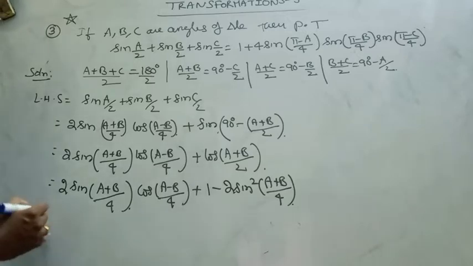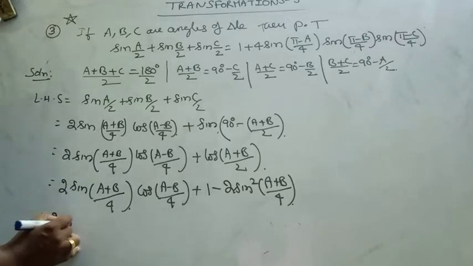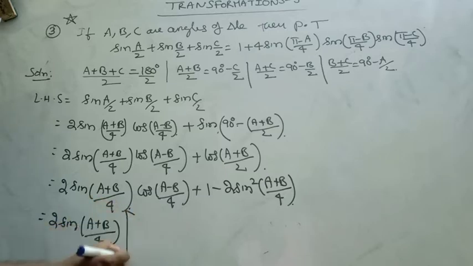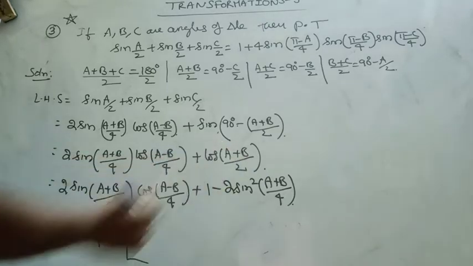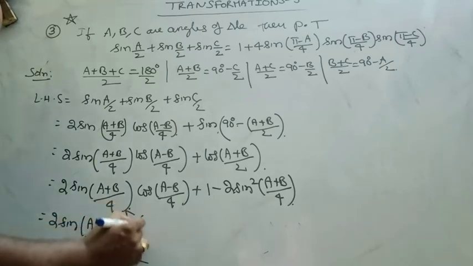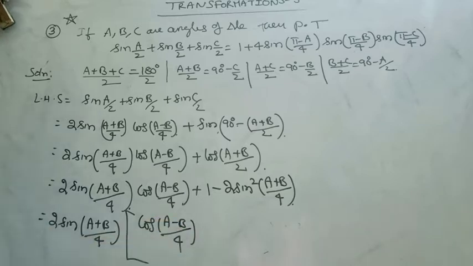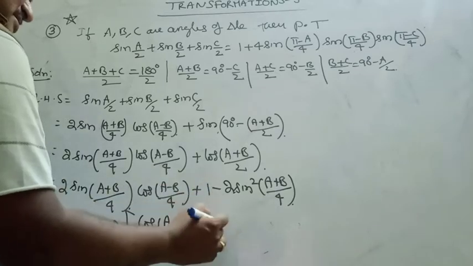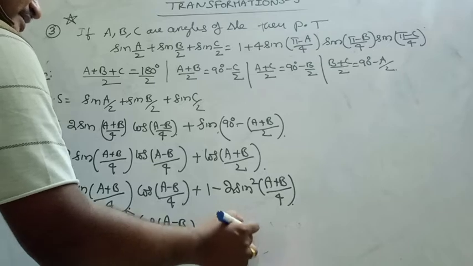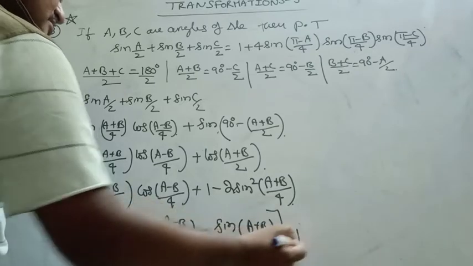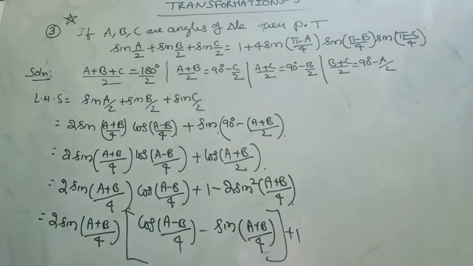Now this is equal to 2 sin((A+B)/4), if you take it common, what we are going to have is cos((A−B)/4) minus sin((A+B)/4), total plus 1.